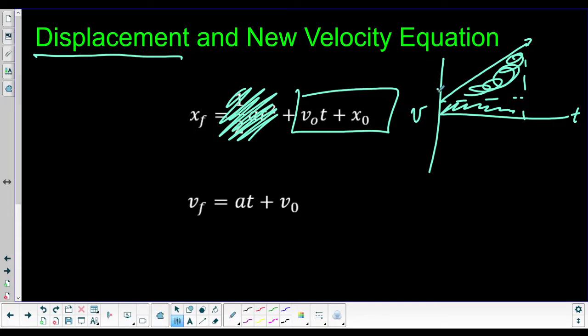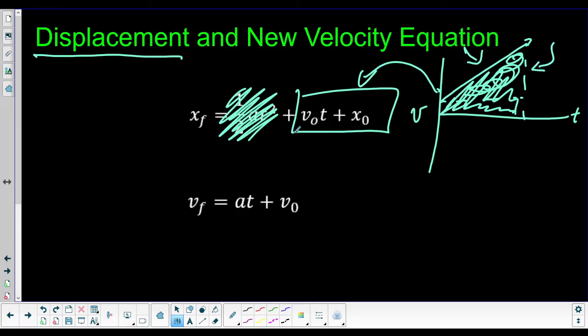But when we tried to use our formula, we saw that the formula does not agree with the area under this velocity graph. That's because this displacement equation is only good for constant velocities, and the velocity is not constant, it's increasing. So we need to add this triangle on top.